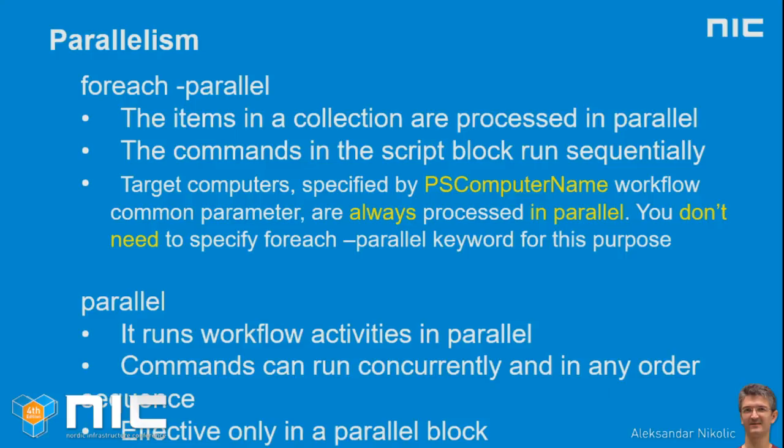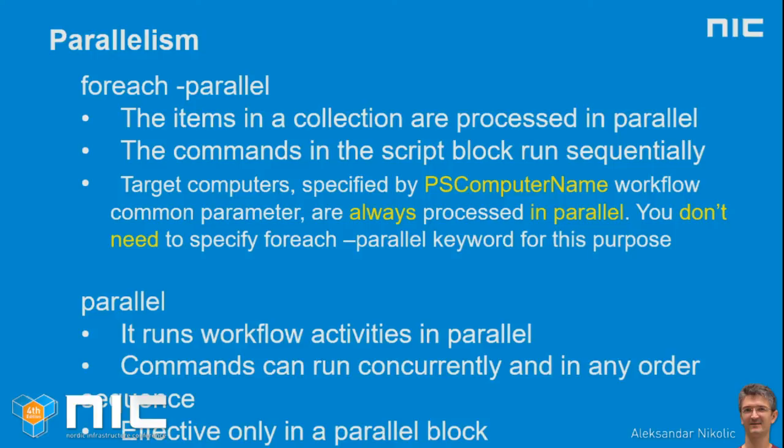So the first thing is that we need to understand how things are working. ForEach -Parallel executes items in a collection in a parallel way, but all the code in the script block is executed sequentially. And this is one thing that I put on the screen that is in the documentation, but hardly anyone notices: when you work with the PS computer name workflow parameter, everything runs in parallel by default.